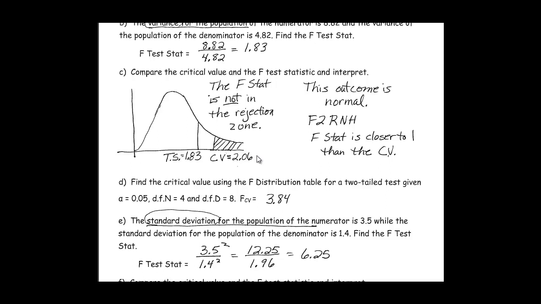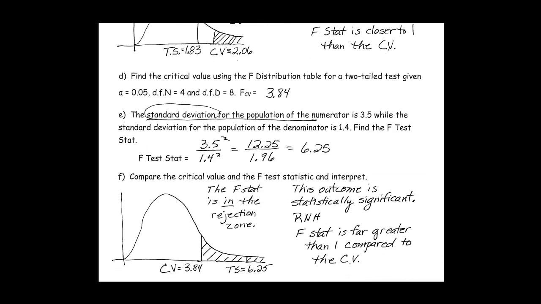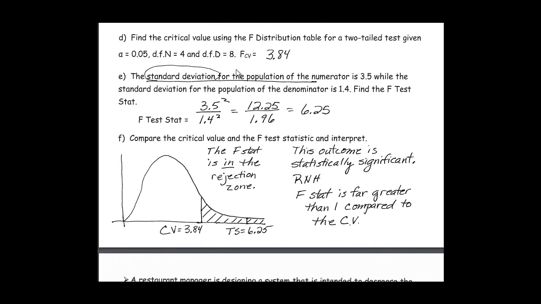Okay, in another scenario, let's say we had a critical value using an F distribution for a two-tailed test given 5% alpha. My critical value came out to be 3.84. I'm going to give you a standard deviation for each of two populations. Now keep in mind, I'm giving you the standard deviations.